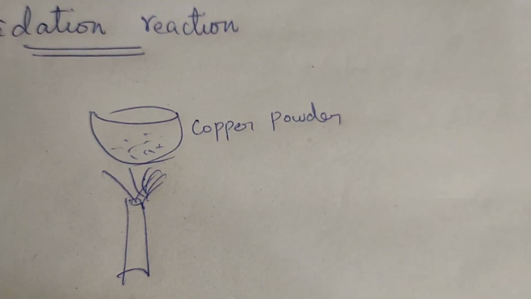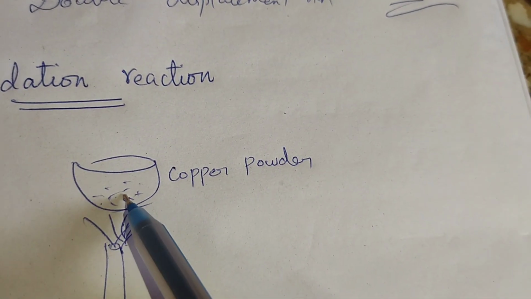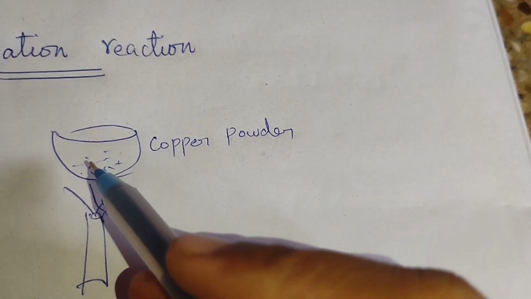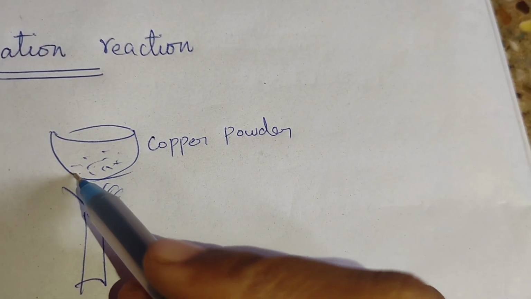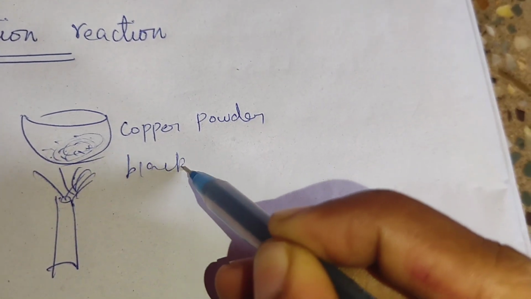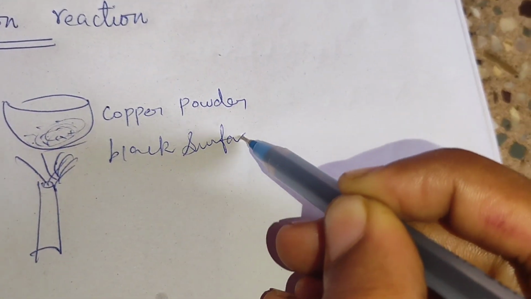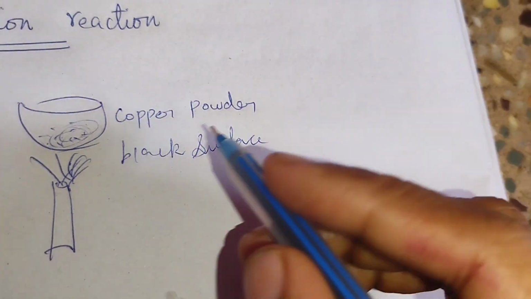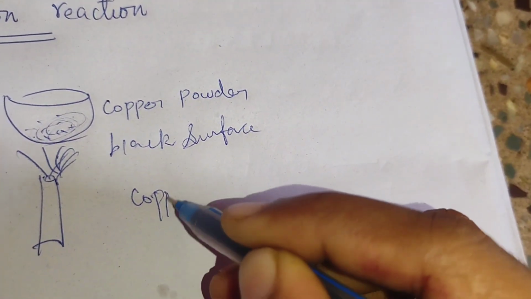Why does this happen? The copper absorbs oxygen and turns into copper oxide, which is the black surface.